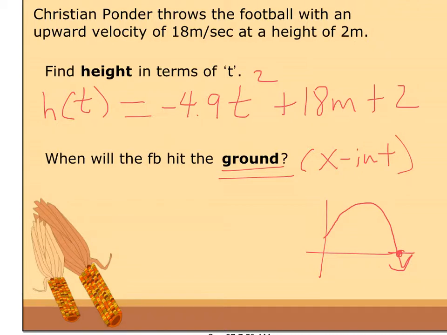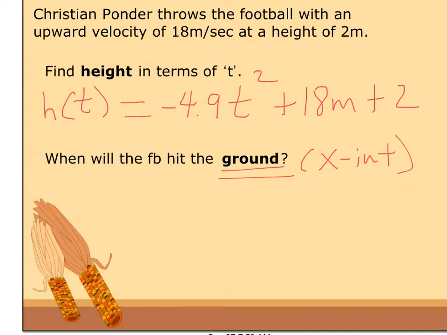It's a question about finding where that point is, which is an x-intercept. But you see here, it just says when does the football hit the ground. There's nothing in there that says go find this equation's x-intercept. When we're applying quadratics to real-life situations, that's up to us. We have to make that connection to what the question's asking.